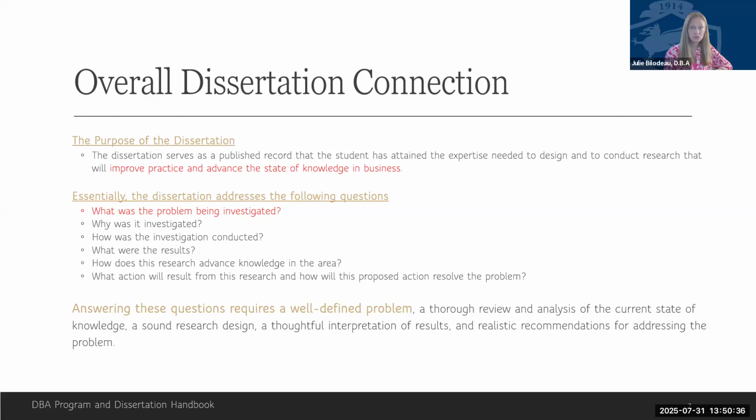It is very difficult to move forward with any of the rest of the work for your dissertation if your problem is not solid. So that's why we are spending so much time on this. All right, and you can see there, answering the questions requires that well-defined problem. Really, all of the work requires that.